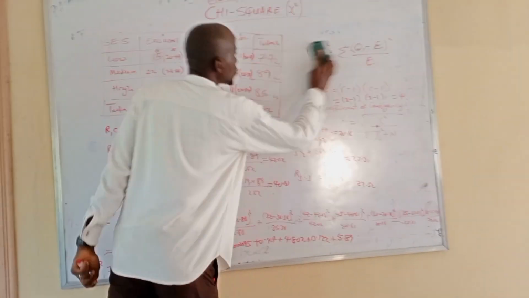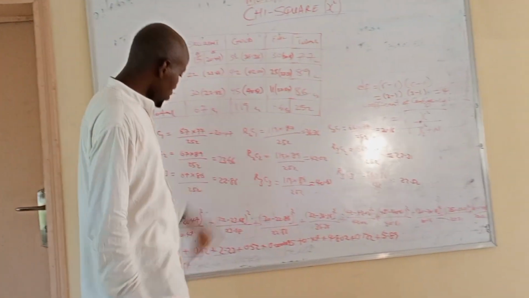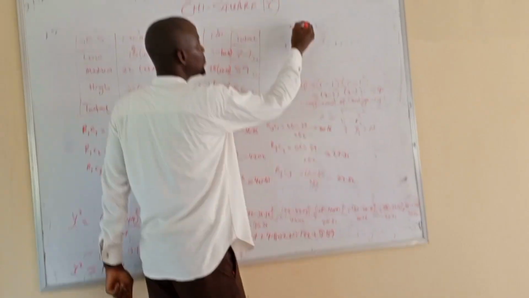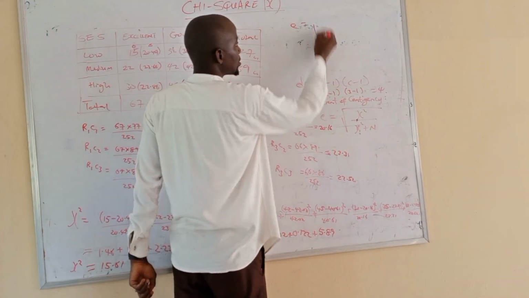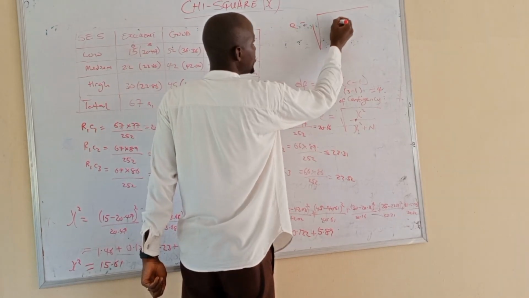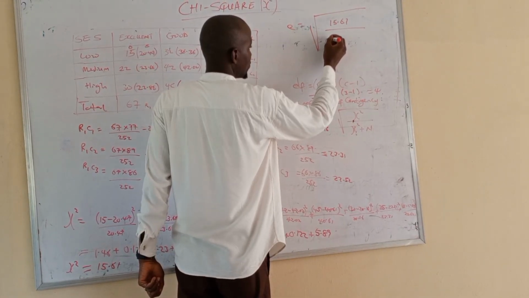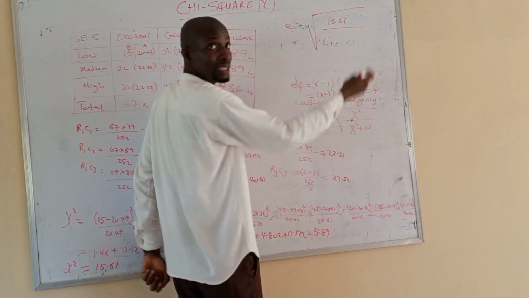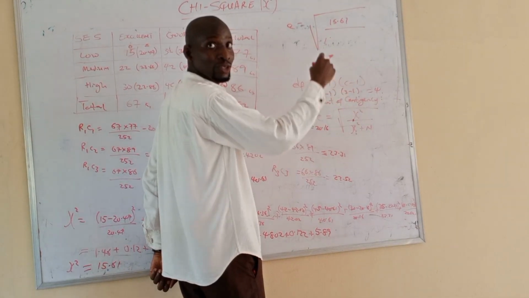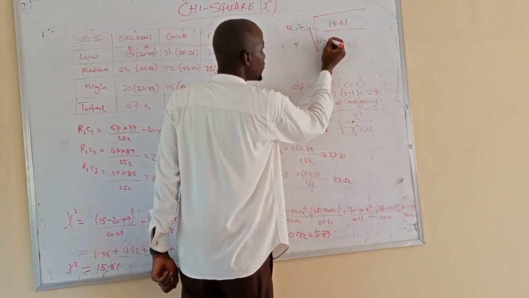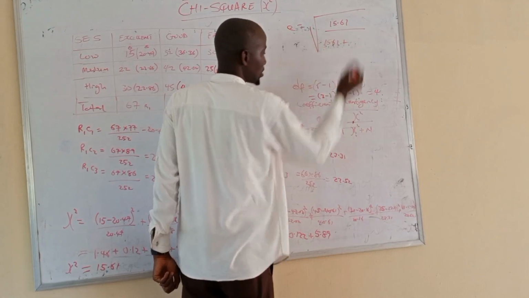By implication, if you want to compute your coefficient of contingency and you have your chi-square value to be 15.61, the value is 15.61. No, chi-square, it's not raised to power 2 because of the square. So 15.61 divided by 15.61 plus n.